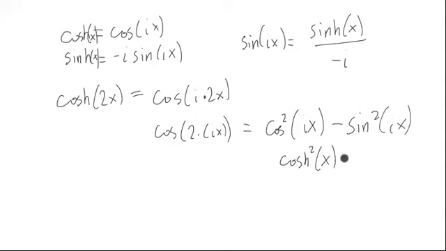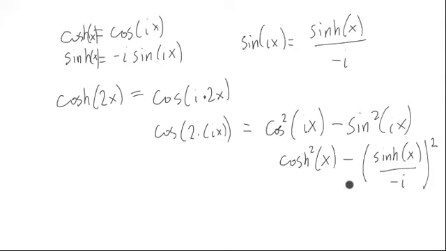And then here we can say this is minus sinh of x over negative i quantity squared. Now i squared is just negative 1, and this negative is just positive. So we get a negative 1 out of the square.